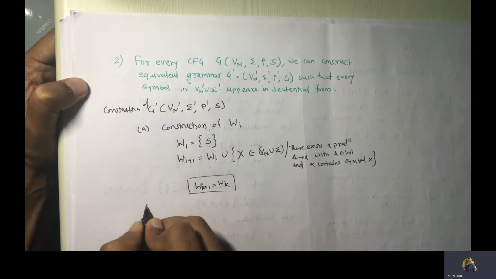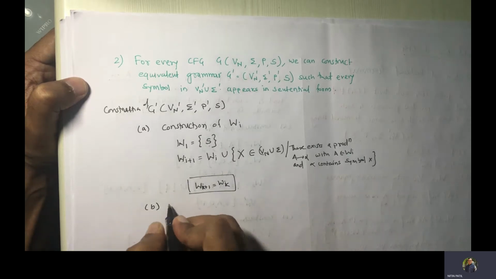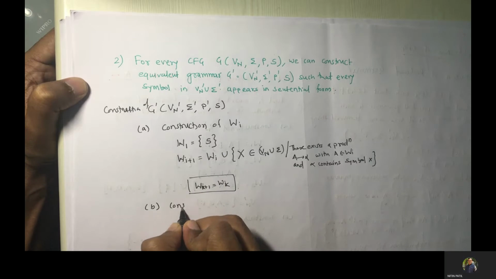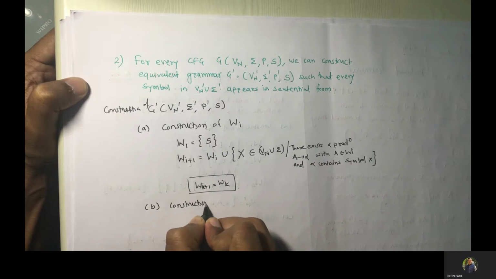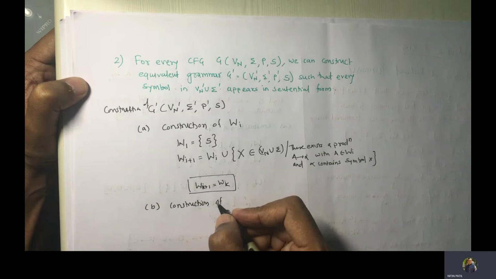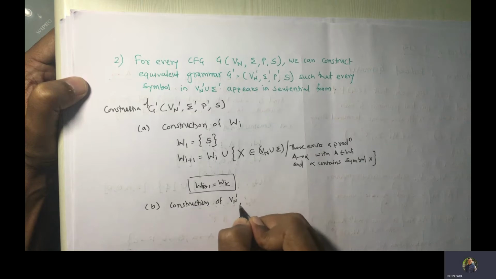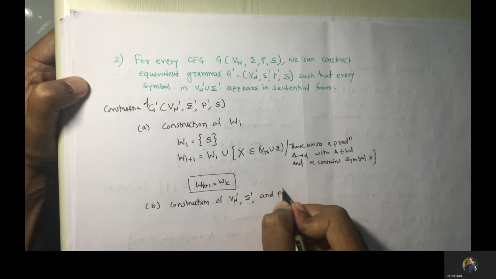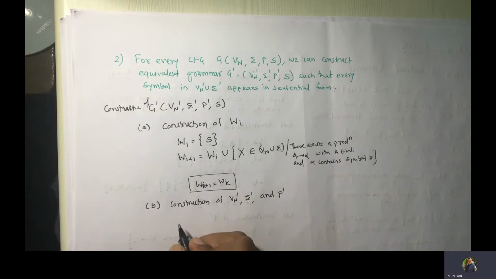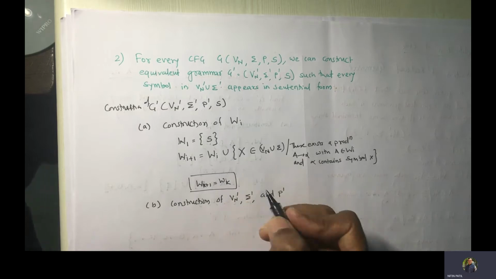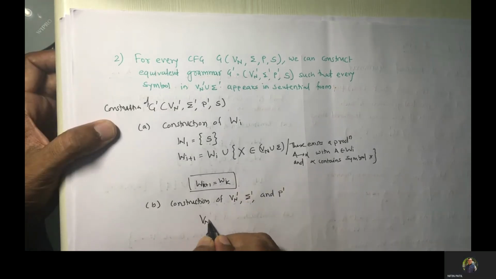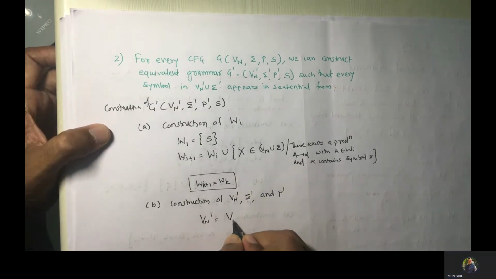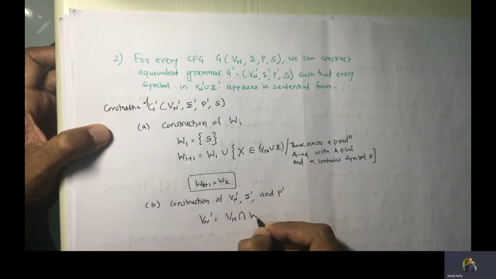After this, we are going to do the construction of Vn dash, sigma dash, and P dash. How exactly are we going to construct Vn dash and sigma dash? We already have this information, correct? We'll write Vn dash is equal to Vn intersection the final W that you got.